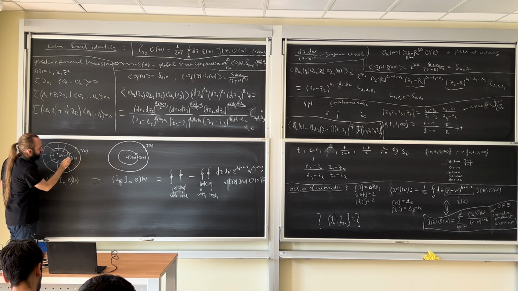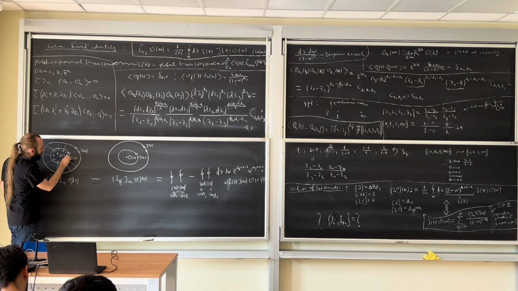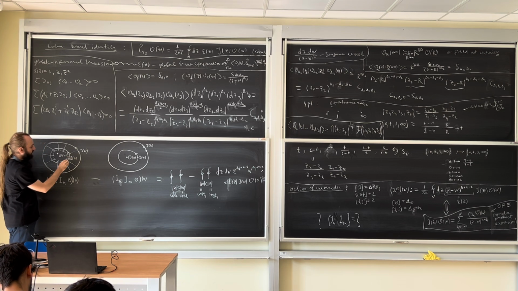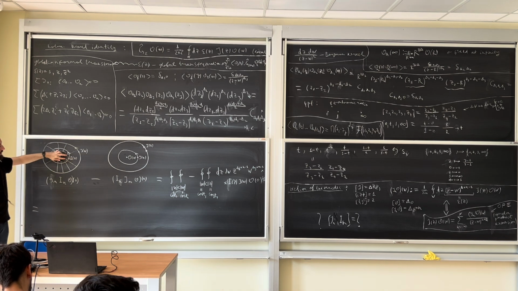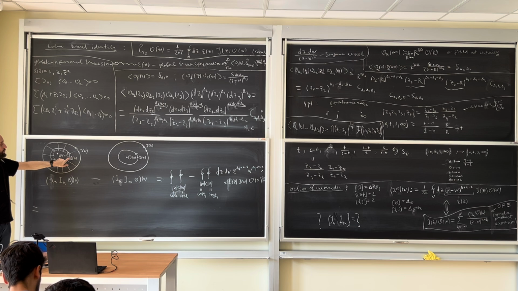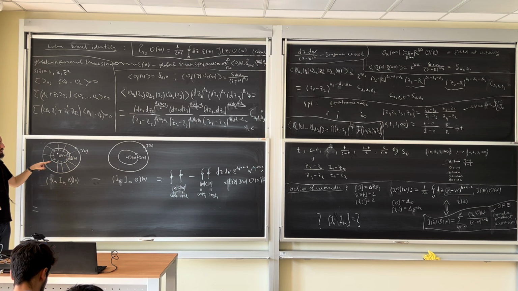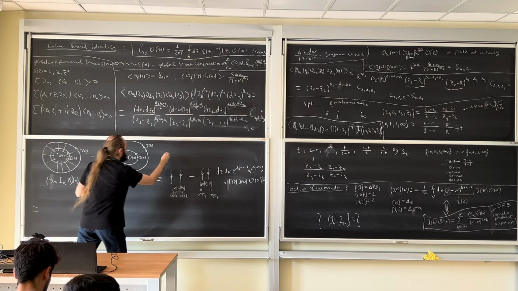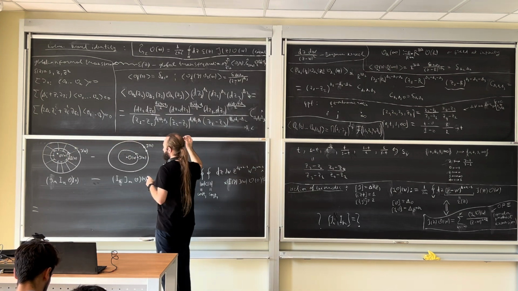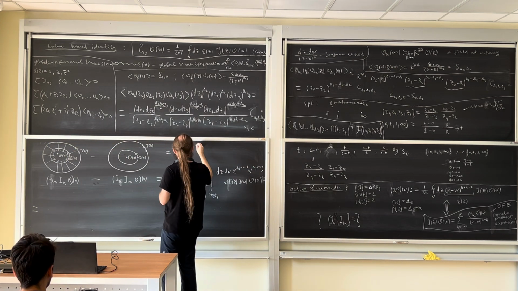At the very last stage, the final transformation is to pull this and to compute this integral around point z. So this picture looks like this. So we have an integral around z.